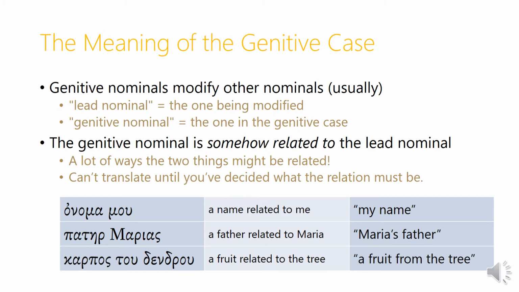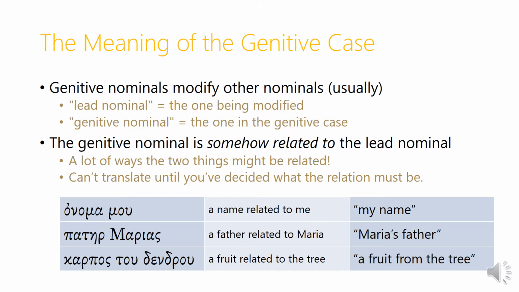Let's think a little bit more about the meaning of the genitive case. Genitive nominals, we said, modify other nominals, usually. There are a few cases where they'll modify verbs, but generally they modify other nominals. So we have, in each case, a lead nominal, that's the noun being modified or the adjective being modified, and we have a genitive nominal, that's the one in the genitive case.